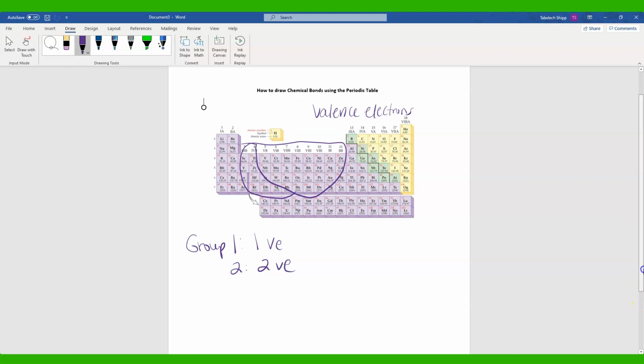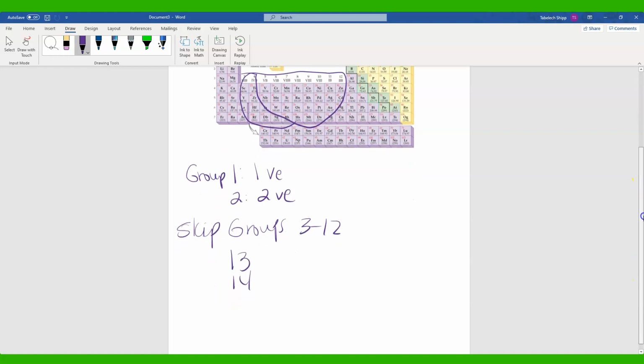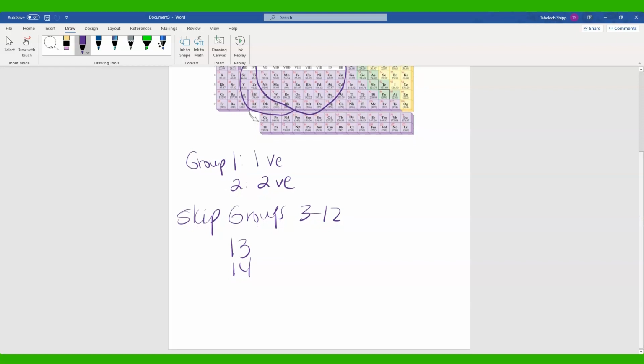Remember, we skipped groups 3 through 12. And then when you get to groups 13, 14, 15, 16, 17, and 18, you are to drop the 1 off, okay?